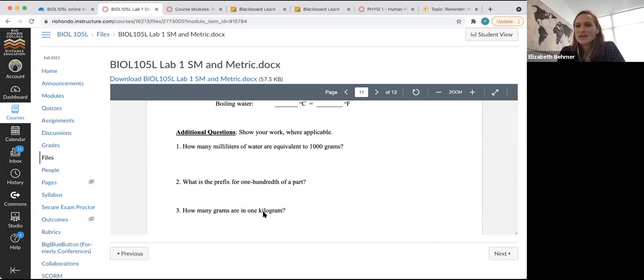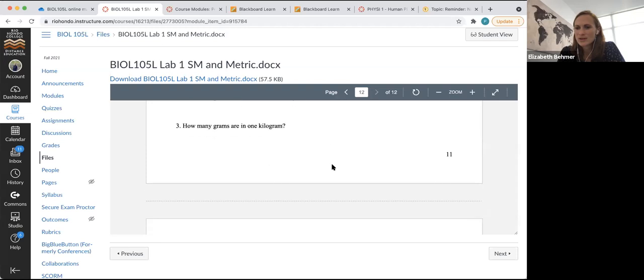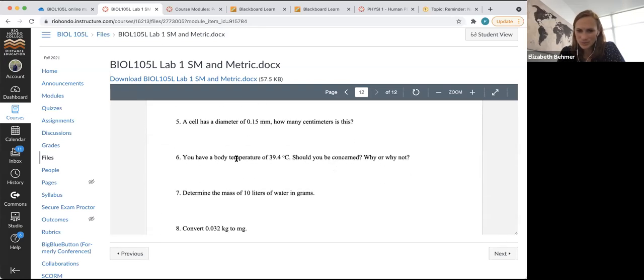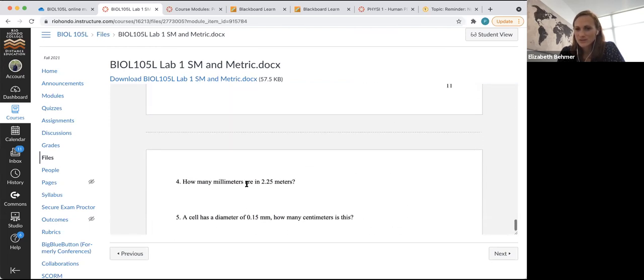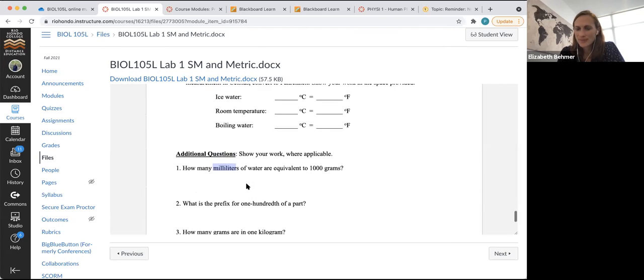Additional questions involve conversion of units between milliliters and grams. We're going to use the last couple of questions. So you'll do some conversions of temperature and of the metric system, such as kilograms and milligrams.